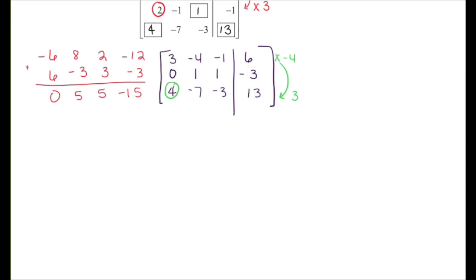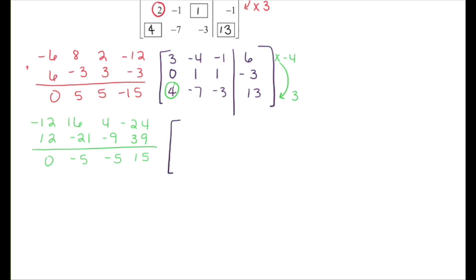Multiplying the top row by -4, we have -12, 16, 4, -24. And by multiplying the bottom row by 3, we'll have 12, -21, -9, 39. Adding them together, we have 0, -5, -5, and 15.